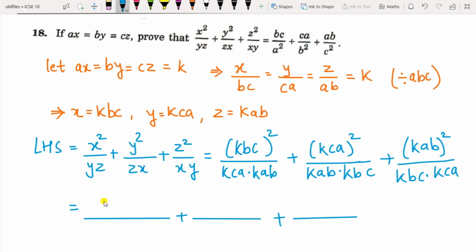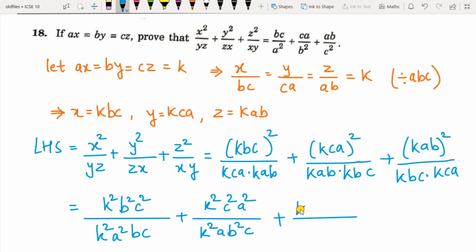So open this bracket, so this will be K square B square C square upon K square A square BC. Here it will be K square C square A square upon K square A B square C. This will be K square A square B square upon K square A B C square.